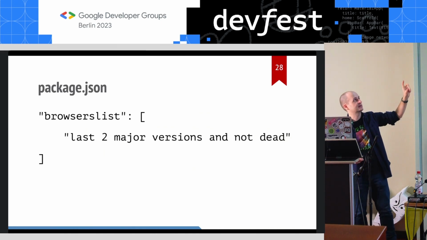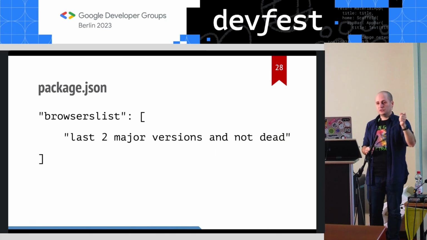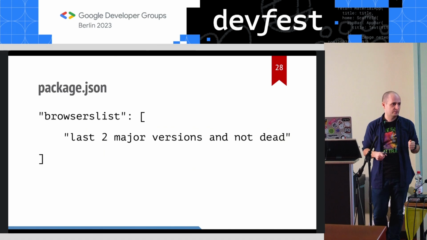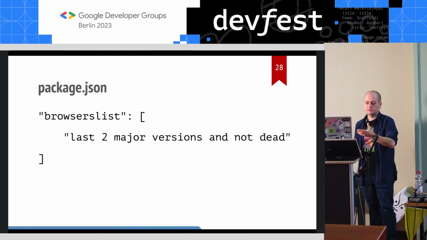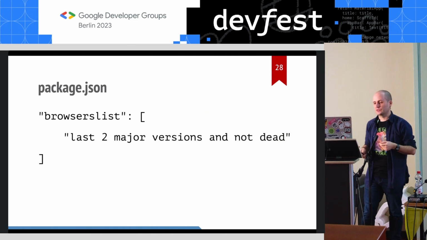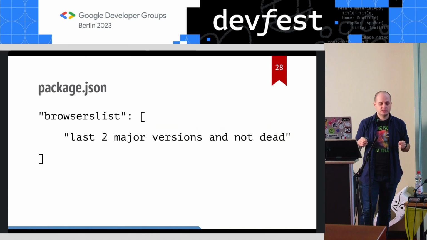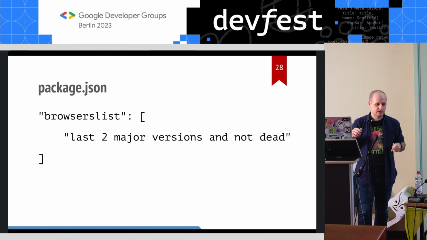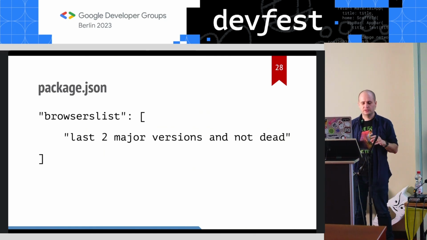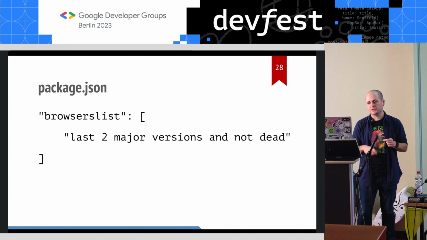Anyway, make sure you read about browserslist. It's a very, very cool tool, and it will make sure that your JS bundle or CSS files are much smaller because you're not shipping extra code not needed for your browserslist. So yeah, in package.json, browserslist does a similar thing, but you can modify the level of support. You don't have to use the last 2 major versions, but it's very similar to what baseline offers.